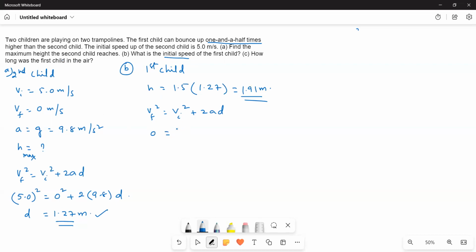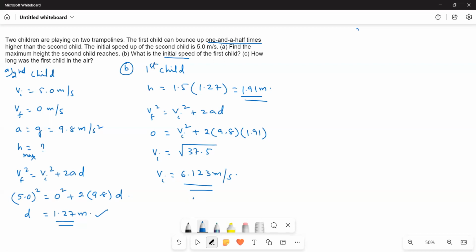The initial speed is what we are going to find out, plus 2 into 9.8 times 1.91. Therefore, Vi is equal to square root of 37.5. Vi is equal to 6.123 meters per second.